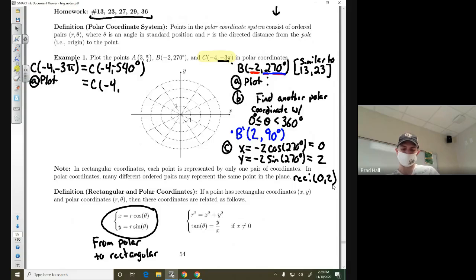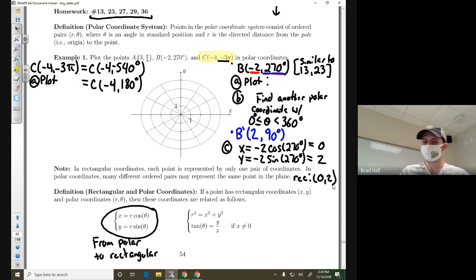So really, this is the same thing as negative 540 plus 360, which is negative 180. That's not good enough. We need to add another 360, which tells us that it's the same thing as negative 4, comma 180. We found the coterminal, so we didn't find another polar. Well, technically we did. We kind of answered part B in essence.